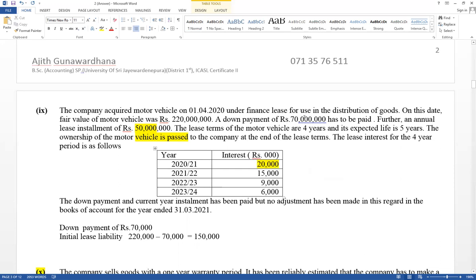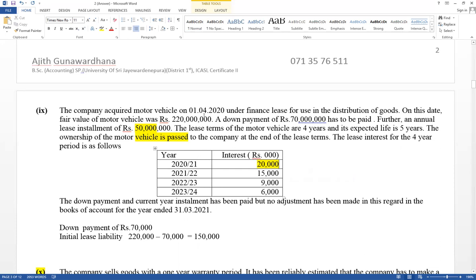The down payment paid in cash, 70,000, has an effect on cash, as does the installment, paid in cash. And the fair value affects the right of use asset. An asset purchased under finance lease should be considered as a right of use motor vehicle. It cannot be considered as property, plant and equipment.